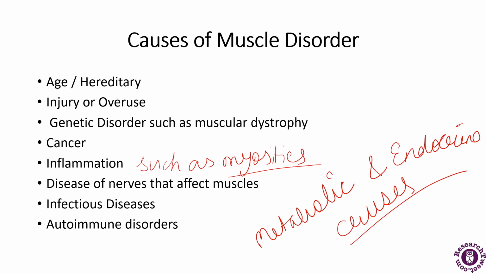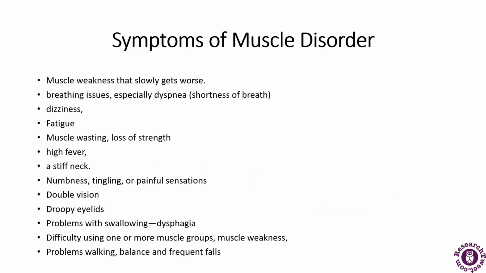There can be autoimmune disorders, and sometimes the cause is not known. In a few cases, the cause of the muscle disorder is not known. Now, there are a few symptoms, but symptoms can vary with different types of muscle disorder. So what are the symptoms that can lead to muscle disorder?